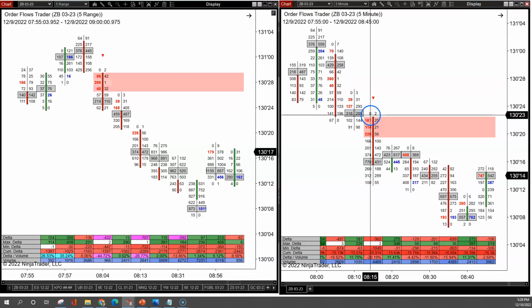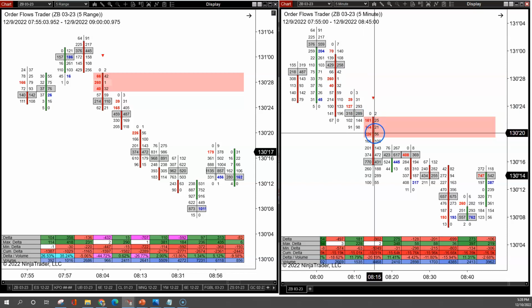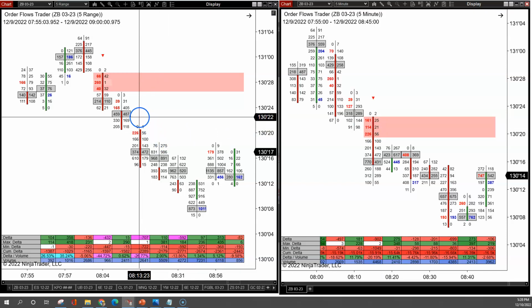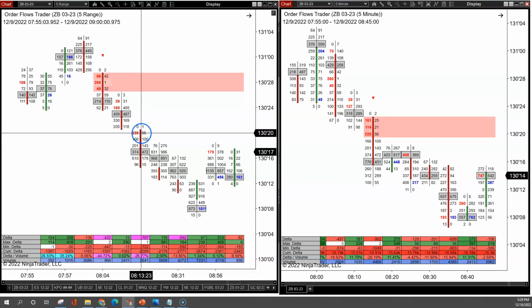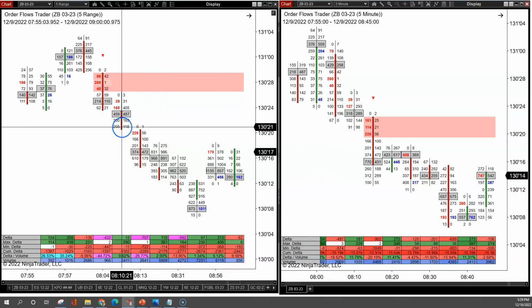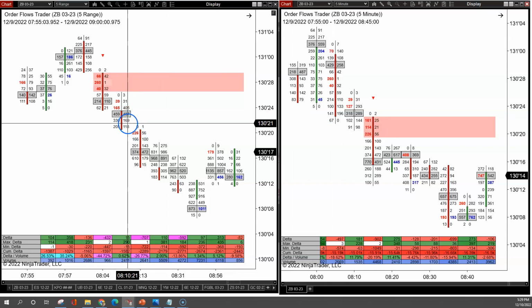A little bit later, a few ticks lower, coming in at 22 to 20, you've got a stacked selling imbalance. But you don't have that coming in here between 22 and 20. You still have that selling imbalance coming in here, the 226, but you don't have those other imbalances, because within that range, it was trading back and forth.